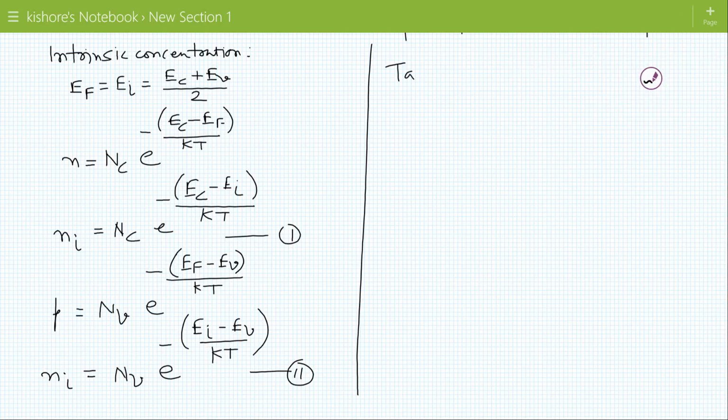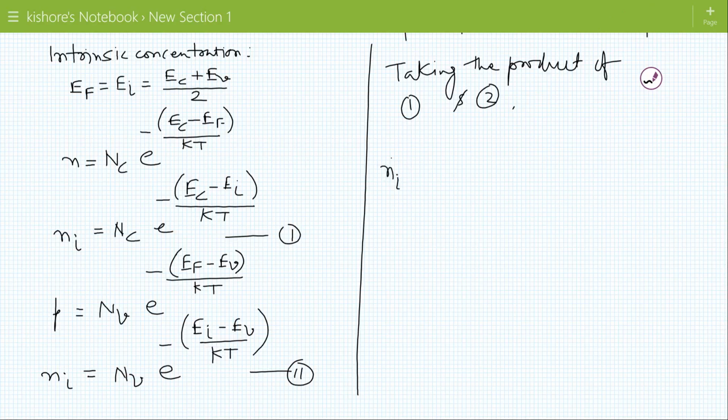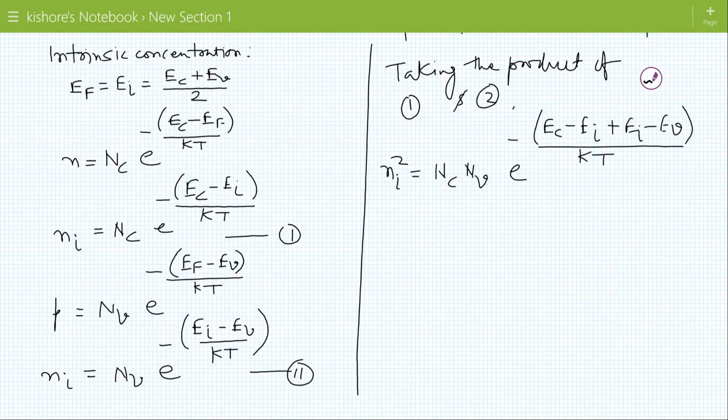Taking the product of 1 and 2, the left hand side is Ni square, and on the right hand side we have Nc Nv e raised to minus (Ec minus Ei plus Ei minus Ev) by kT.